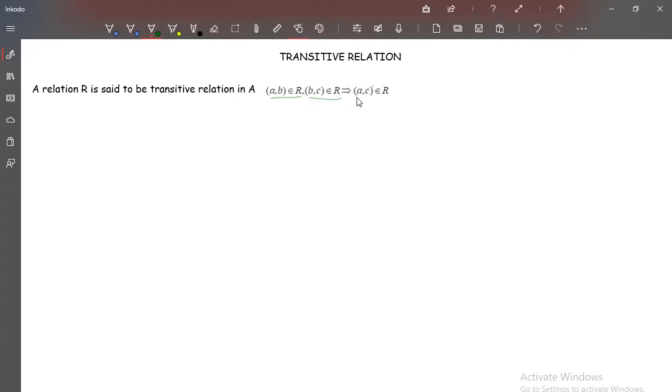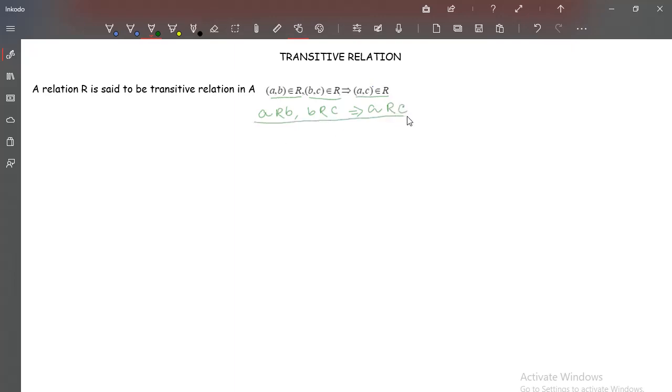That will imply that A and C are related. Or equivalently, you can write in this way: A is related to B is related to C implies A is related to C.